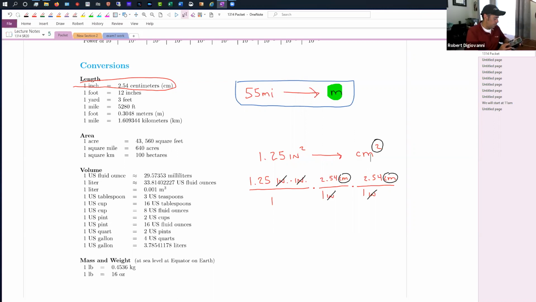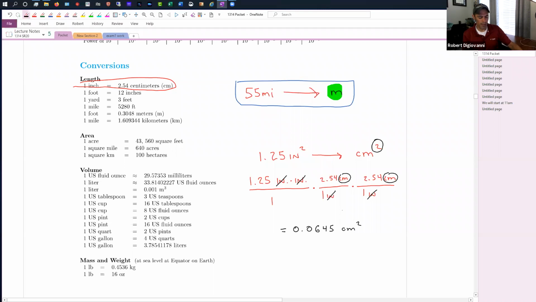So I'm going to do 1.25 times 2.54 times 2.54. This gives me, and I'm going to have a 1 on the bottom, so I'm not worried about that. So this gives me 0.0645 square centimeters.